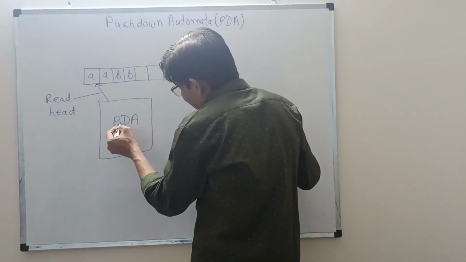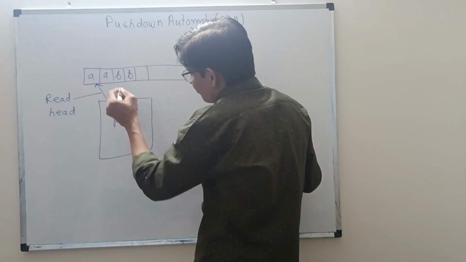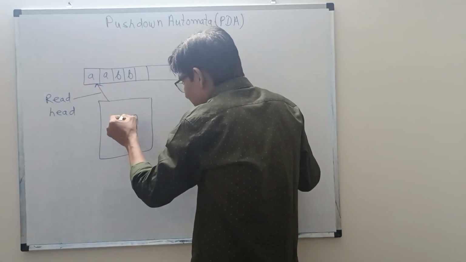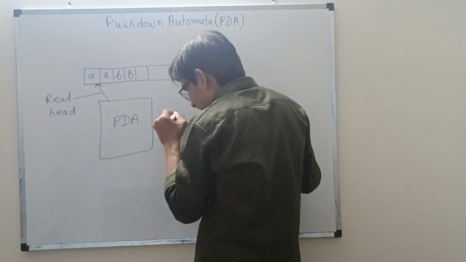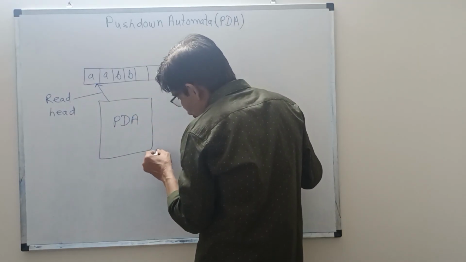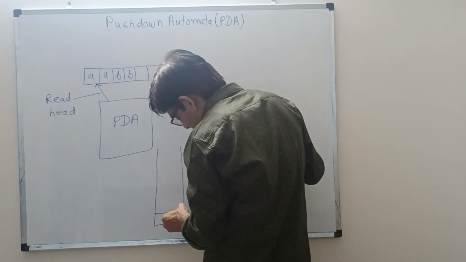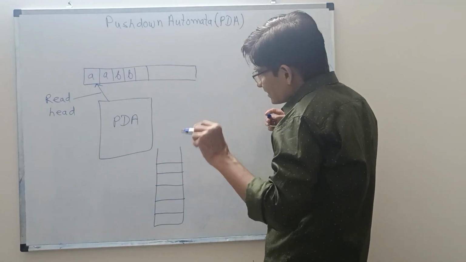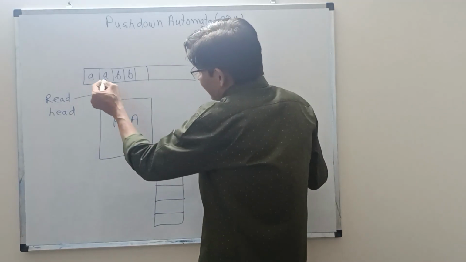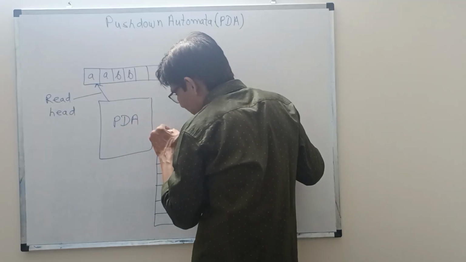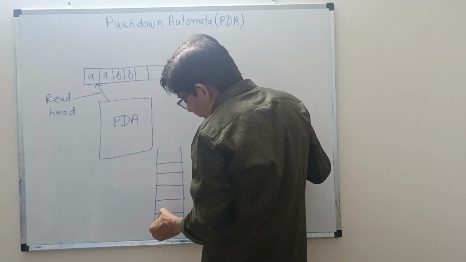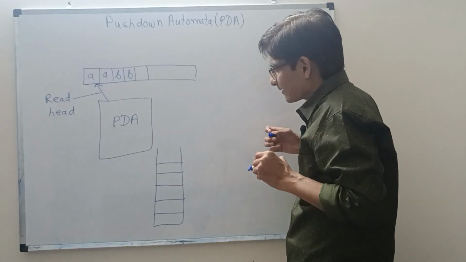And after reading one input, the PDA changes its state to another state and also performs some operation on the stack. So after reading one symbol from the input, it changes its state to a new state and also performs some operation on the stack.